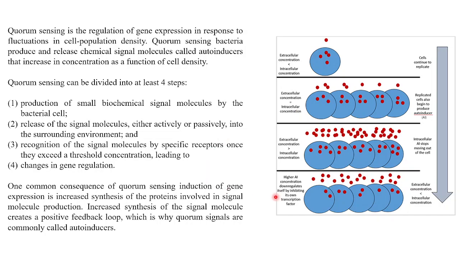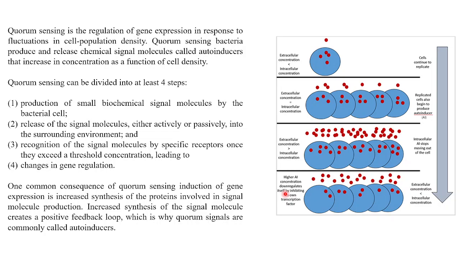And one common consequence of quorum sensing induction of gene expression is increased synthesis of proteins involved in signal molecule production. This increased synthesis is basically creating a positive feedback loop. So the autoinducers are getting produced, they are increasing in concentration, and they are attaching to the receptors. Once they attach to the particular receptor, a cell signaling process is started, and this leads to gene expression regulation.